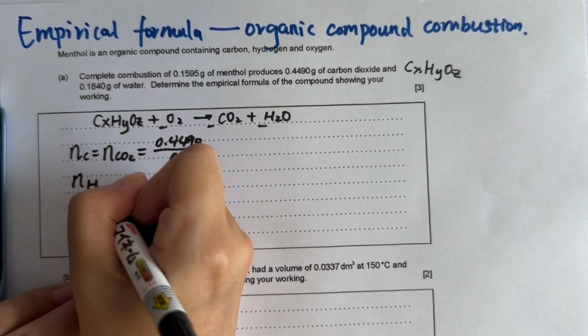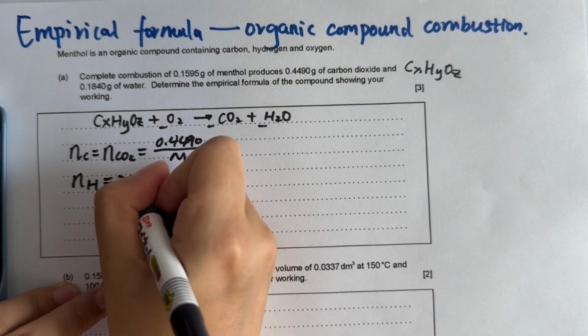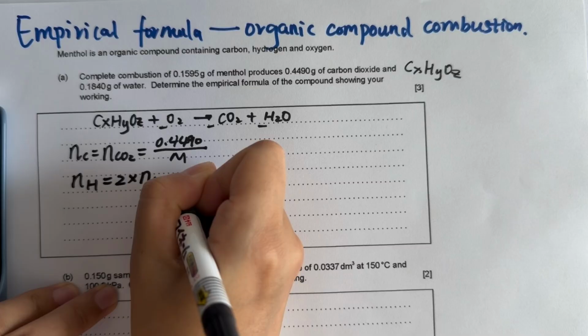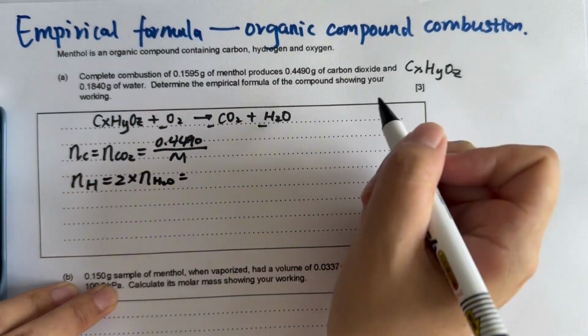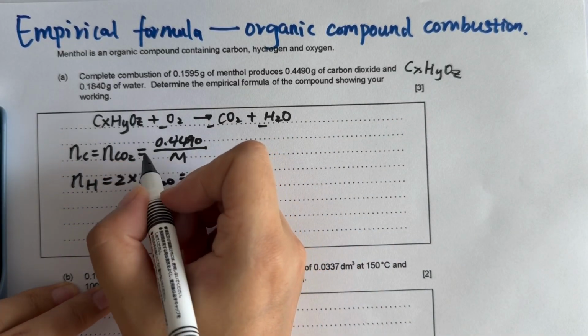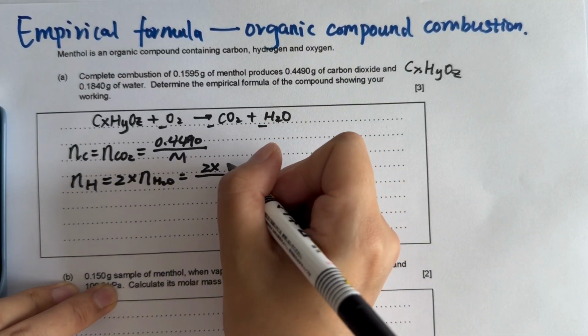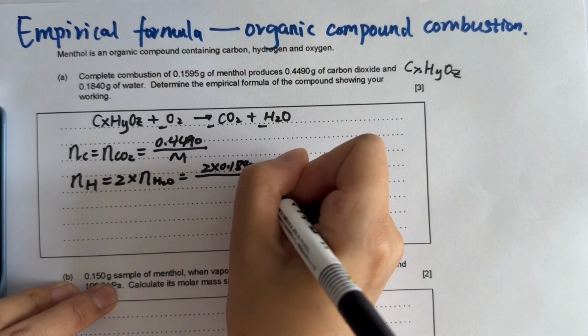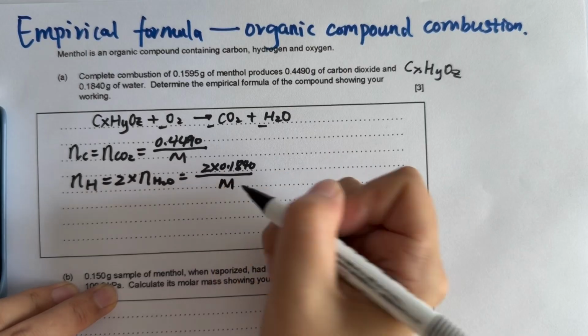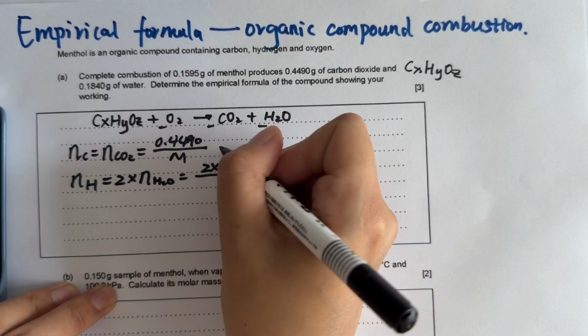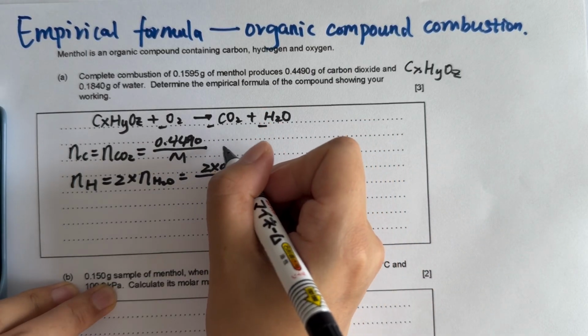While the number of moles of hydrogen similarly will be twice the number of moles of water, because you can see in water there are two hydrogen atoms, right? So it will be 2 times its mass 0.9 divided by the molar mass of water. So this is what we need to do.